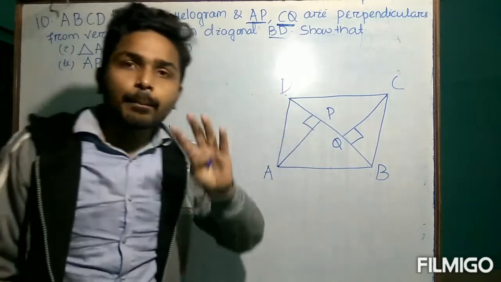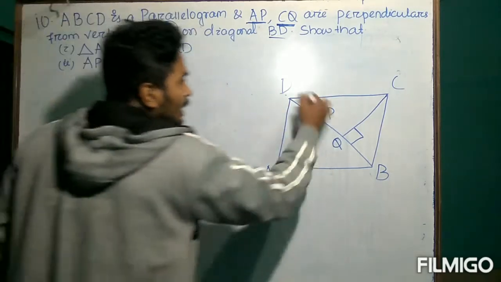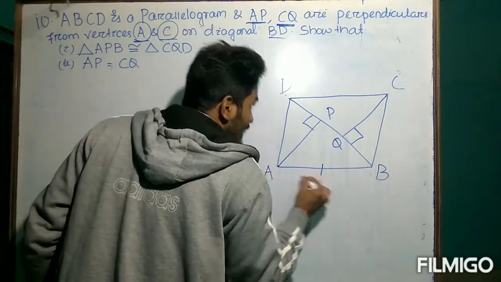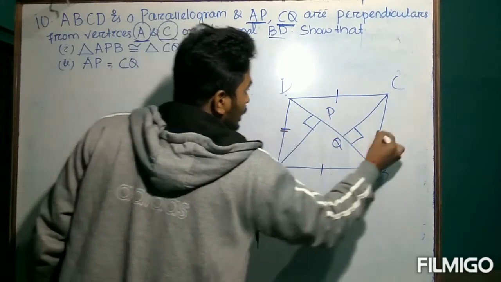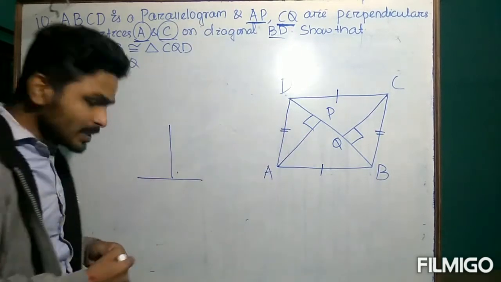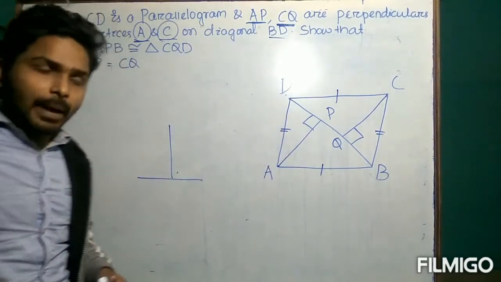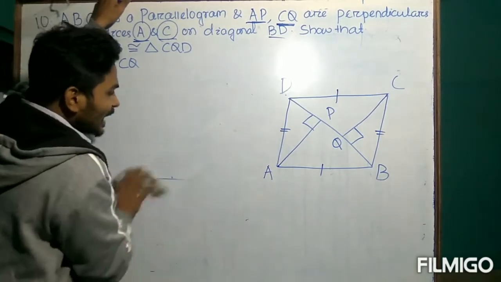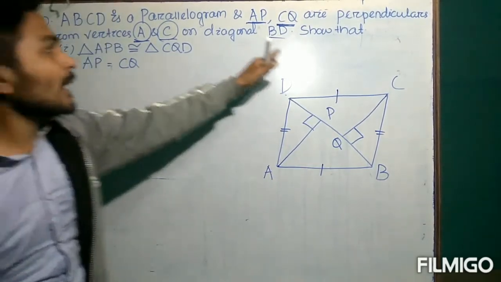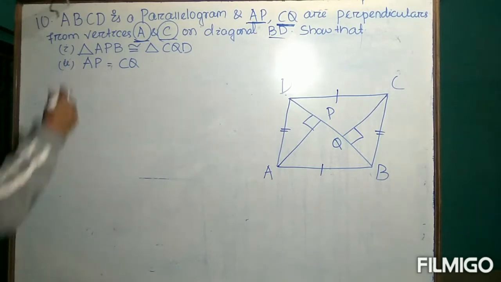And ABCD is a parallelogram. It is given, since it is a parallelogram, this side must be equal to this side, and this side must be equal to this side, and the pairs of opposite sides are also parallel. Next, we have to show two statements.